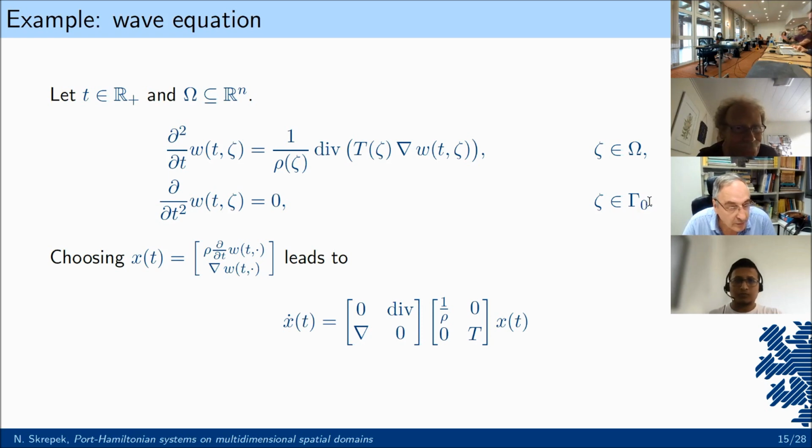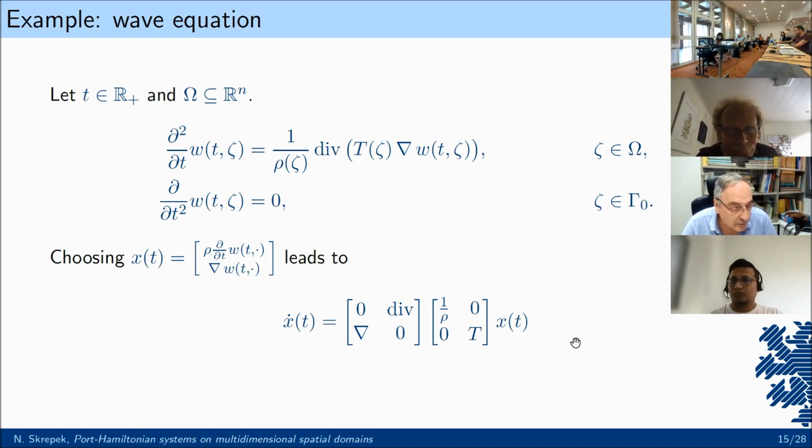So every time I talk about gamma, it's part of the boundary. We have gamma 0 as one part of the boundary and gamma 1 as the other part. And by choosing this state variable, we can reformulate the wave equation in the following form.